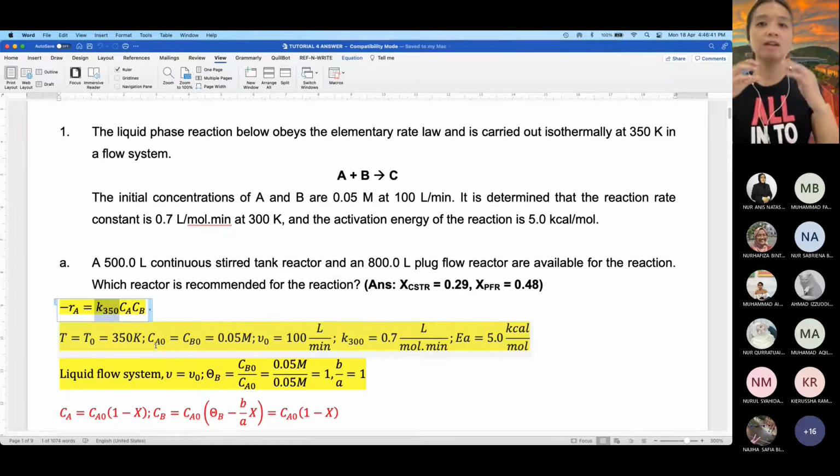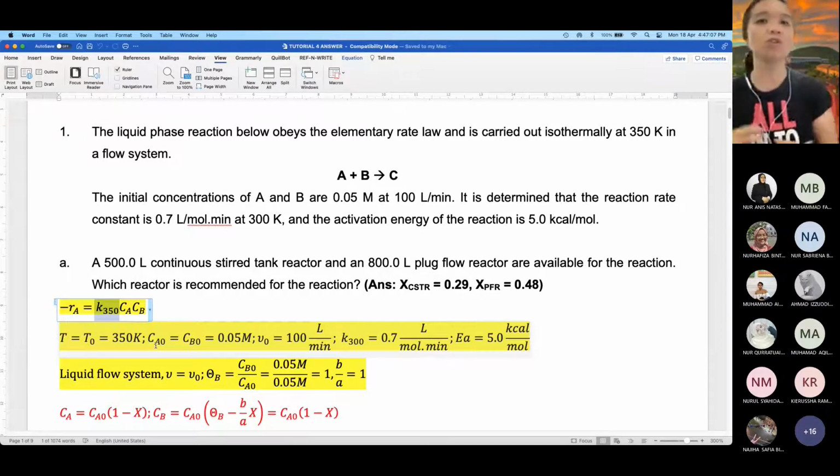So remember, to design a reactor, we have the rate law, minus rA. That minus rA has k. That k, as I taught you, is sensitive to temperature. It changes with temperature. So k must be at our reaction temperature. So if our reaction is at 350 Kelvin, our k must be at 350.